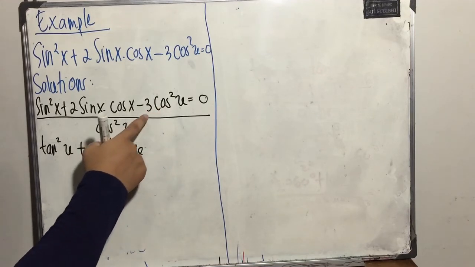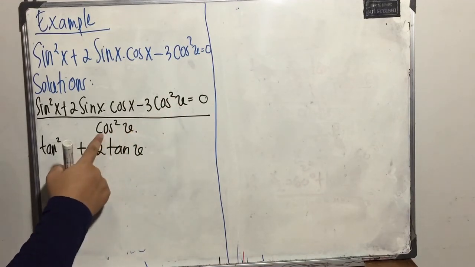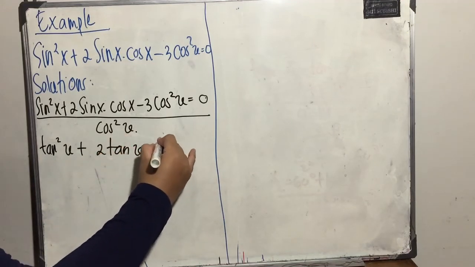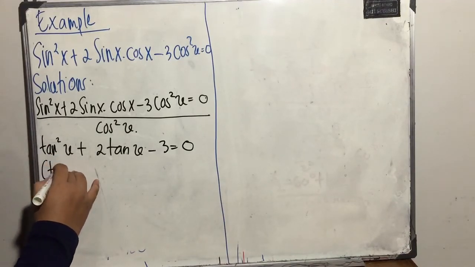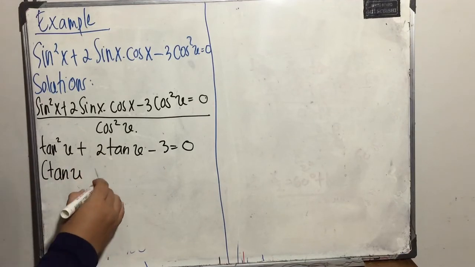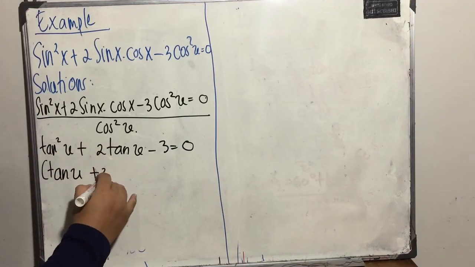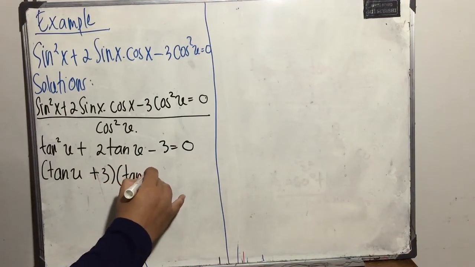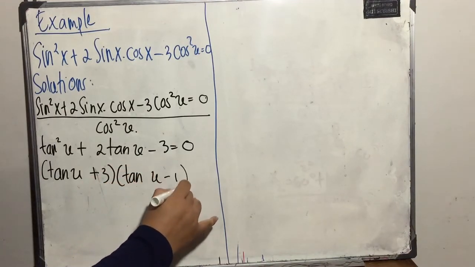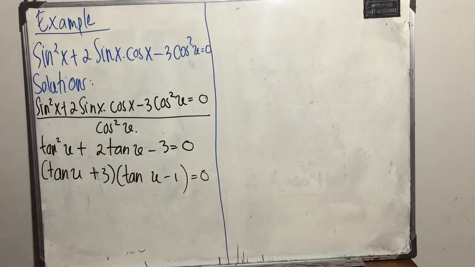This one, minus 3 cosine square x divided by cosine square x is minus 3, equals 0. So from here, you can do it by factorizing, everyone. Okay, so we open bracket tangent x plus 3, close bracket, tangent x minus 1 equals 0, everyone.